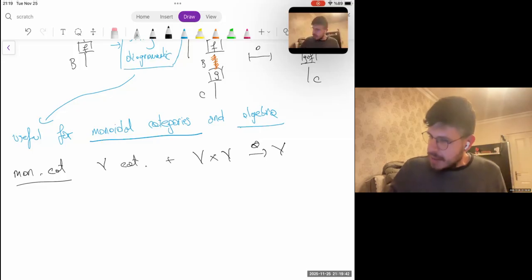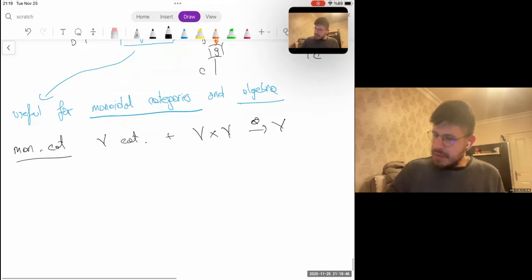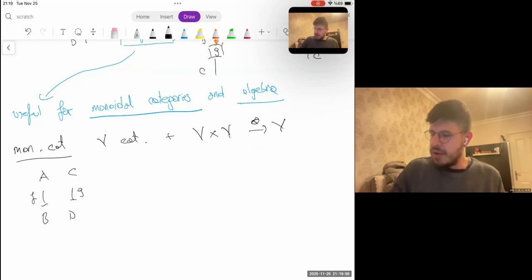But the point is that if I have two morphisms in a monoidal category, I can multiply them to get a new one.